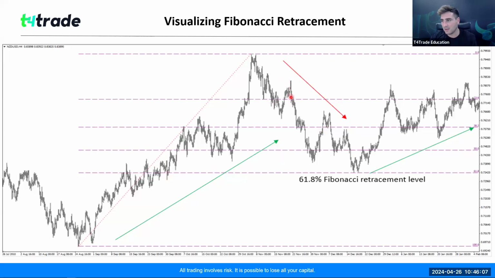So after we see the definitive breakdown below the 23.6 here, and the rapid fall of price action towards the 38.2, we see some sort of pause taking place there. That's a good sign. But we also see a definitive break below the 38.2, and we go all the way down to 50, where we see the first rebound.